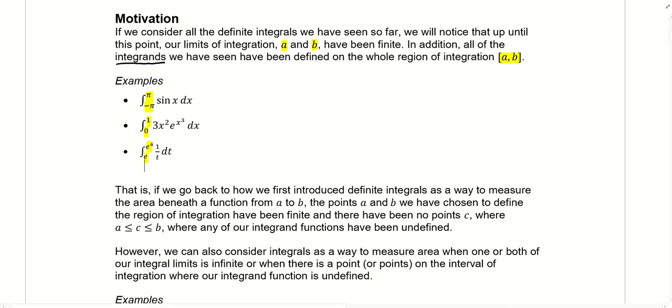So not only have we been dealing with cases where our limits of integration have been chosen to define a finite region, but also when we've been integrating a particular function, we haven't had to deal with any situations where the integrand was undefined at a certain place.